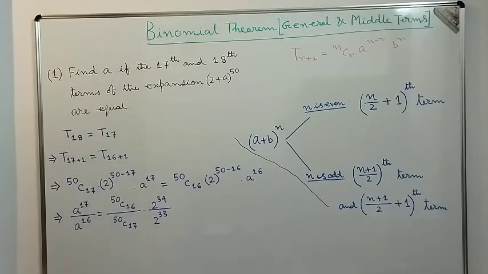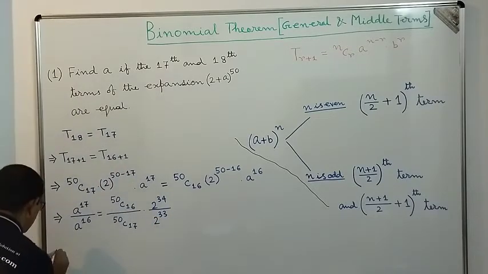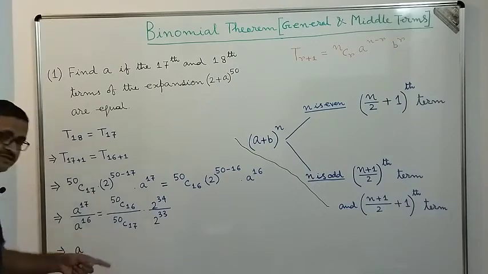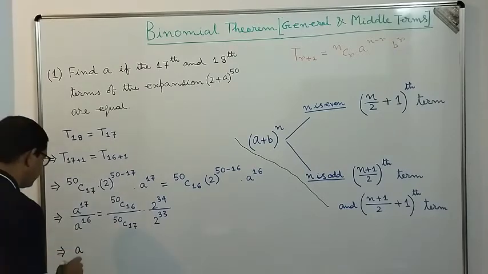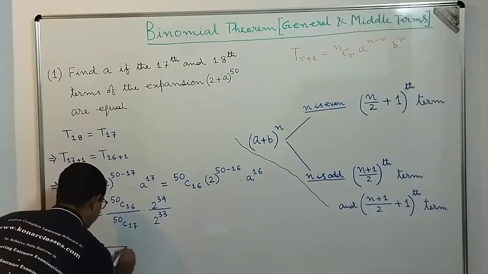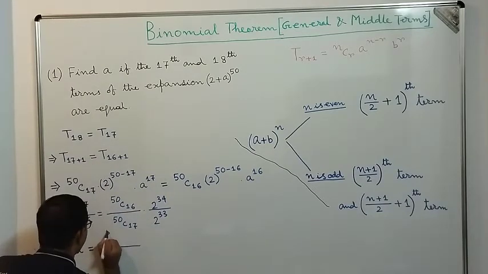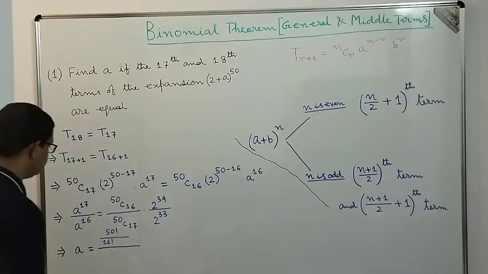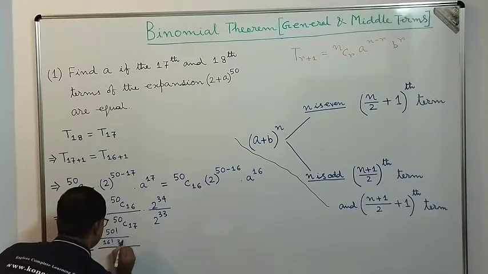So what we get here, dear students? From here we get a^17 by a^16, which means it is a, because a is not equal to 0. That's why you are able to cancel it. Then what is 50C16, dear students? If we write, that is equal to 50 factorial divided by 16 factorial into (50-16) factorial, that is 34 factorial.